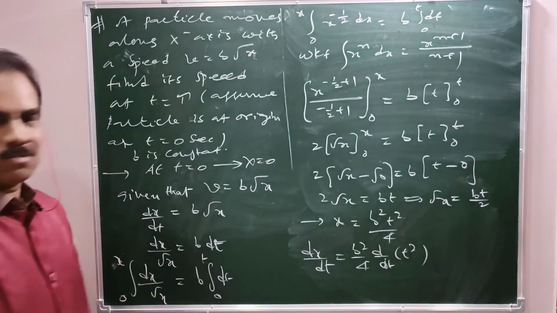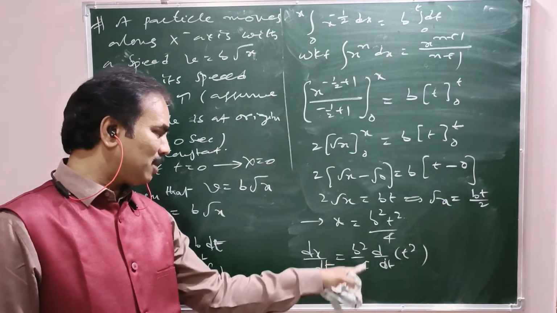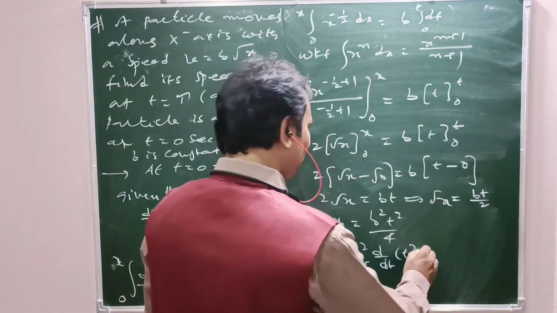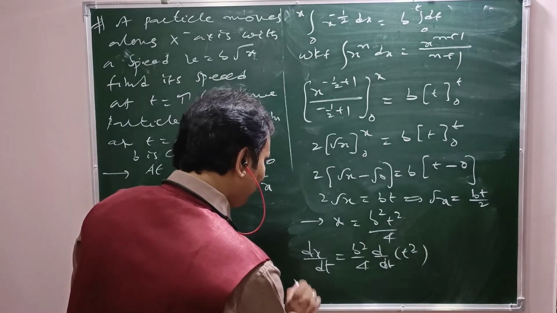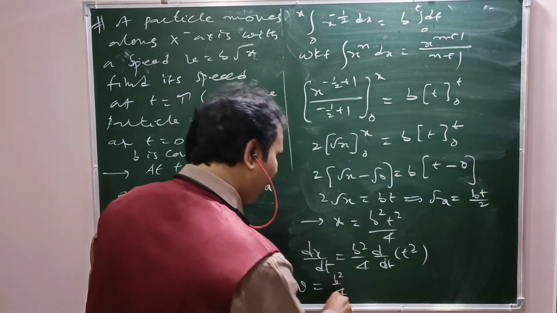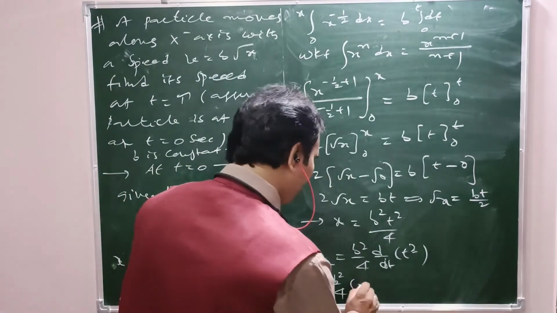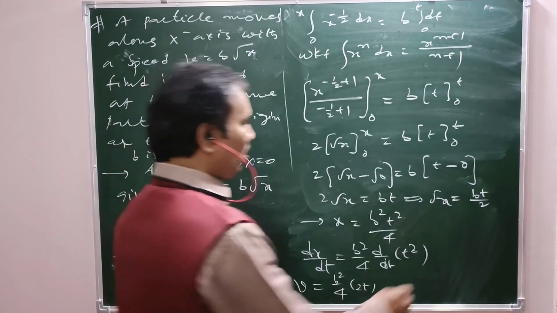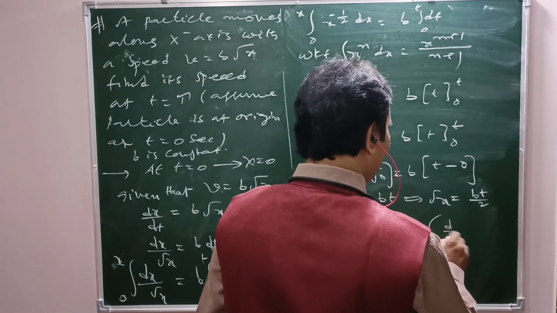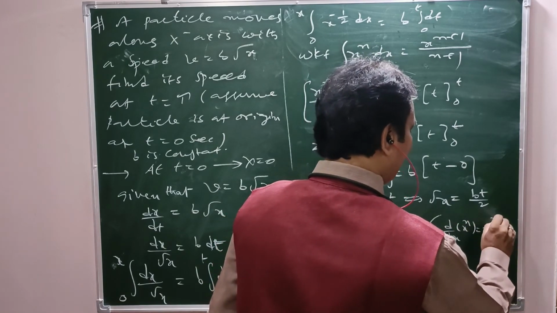Here dx by dt means v, so v equals b square by 4 into d by dt of t square, which is 2t. Why? Because d by dx of x power n equals n into x power n minus 1.